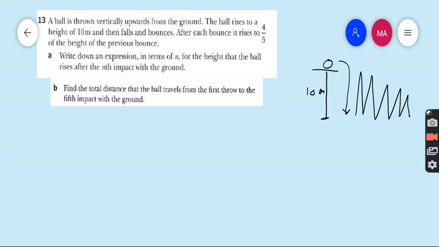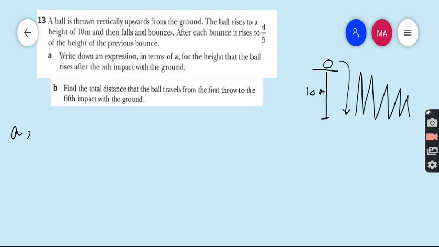Therefore, the ball does not bounce to 10-meter height again. And then on the next fall, the height is again 4 upon 5 of the previous height. So I hope you understand. Now coming to the geometric sequence. Write down an expression in terms of n for the height that the ball rises after the nth impact with the ground.